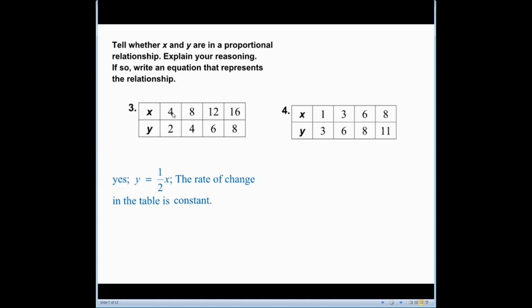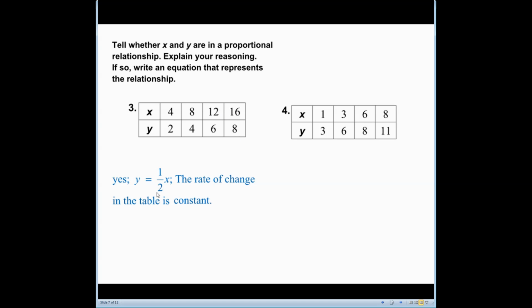To go from 4 to 2, I have to multiply 4 by 1/2, and I get 2. If I multiply 8 by 1/2, I get 4. If I multiply 12 by 1/2, I get 6. If I multiply 16 by 1/2, I get 8. Okay, so it's constant. Multiplying the x coordinate by 1/2 gives me the y coordinate.